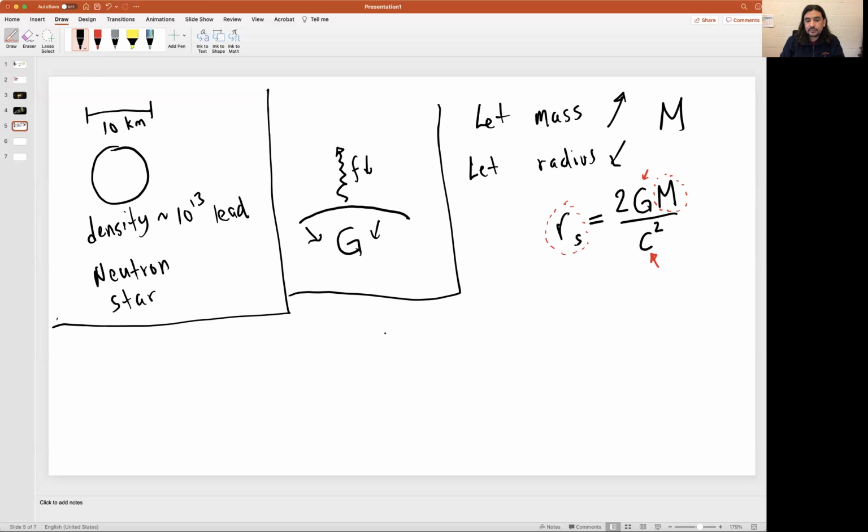And let me spell it. So Schwarzschild is the person that did this calculation for the first time. And he realized with this calculation that you would have something that light couldn't escape.